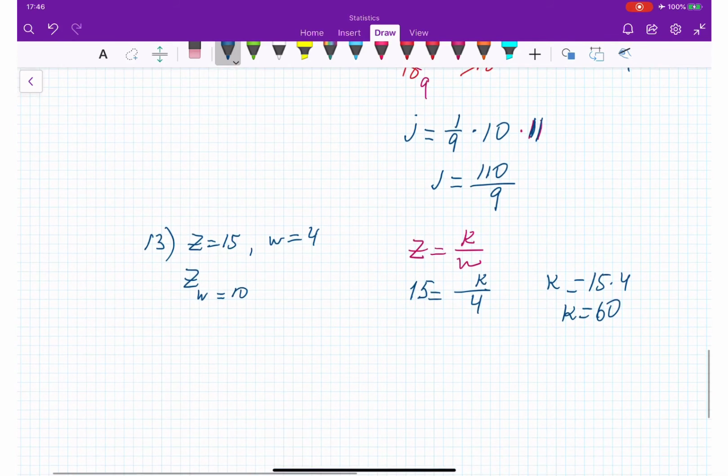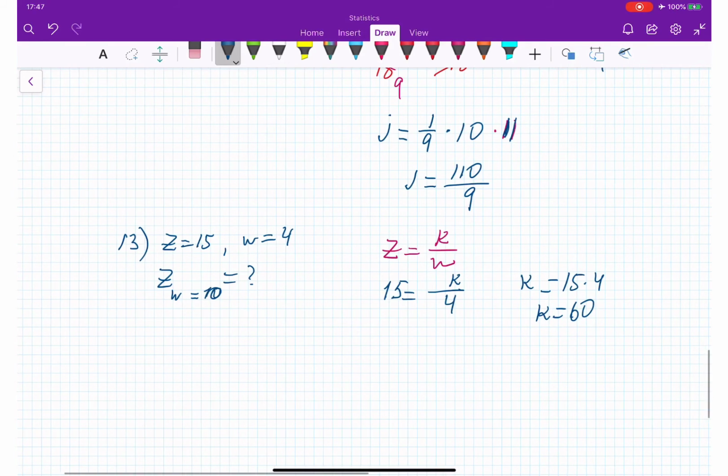Okay, now for the z we are interested in, what am I going to do? z is equal to k, which is 60, divided by w, which is 10.